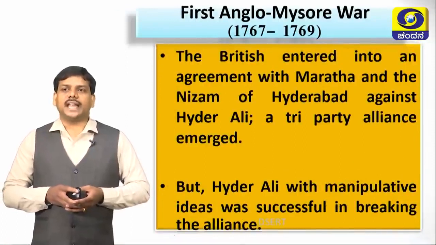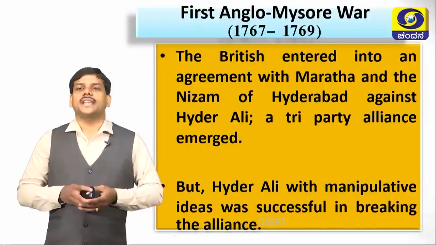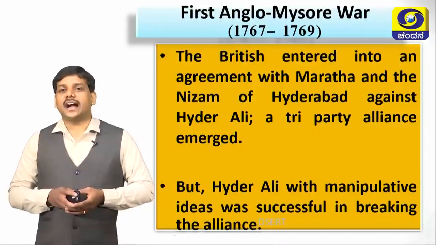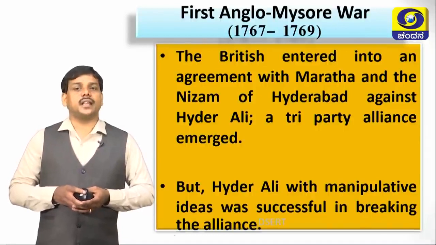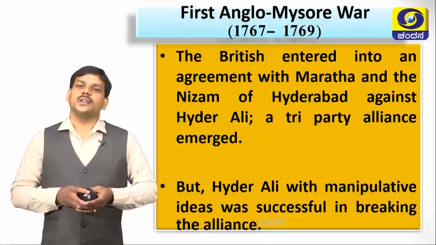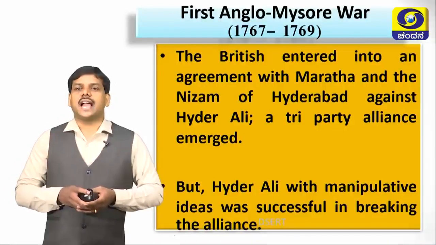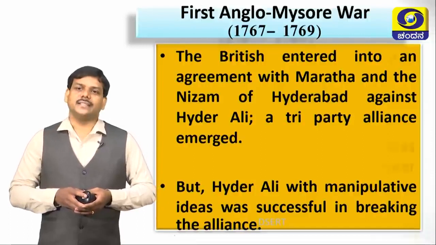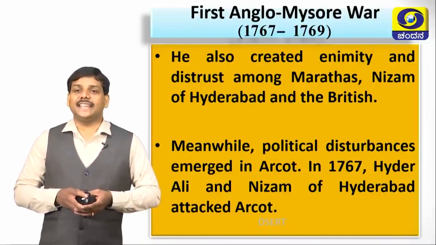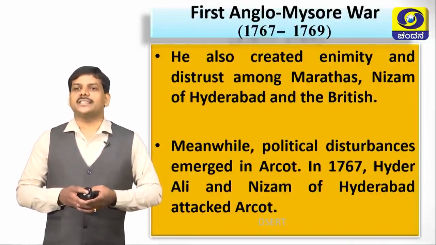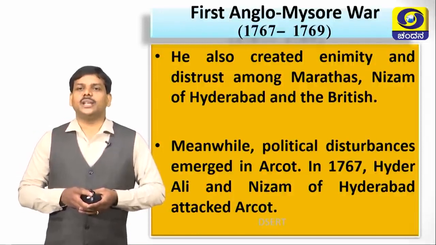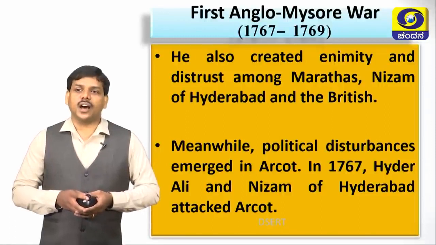The British entered into an agreement with the Marathas and the Nizam of Hyderabad against Hyder Ali. A tri-party alliance was started, but Hyder Ali was very clever and he was successful in breaking the alliance which was made between the British, the Nizam of Hyderabad and the Marathas. Also, Hyder Ali was successful in creating enmity between them. At the same time, one incident took place in a place called Arcot.